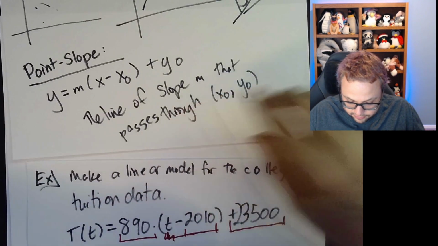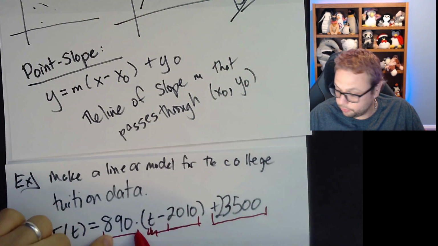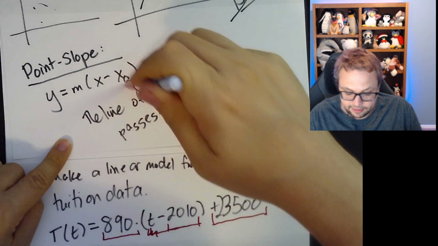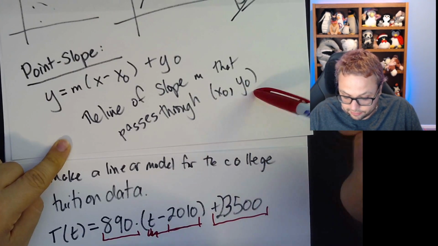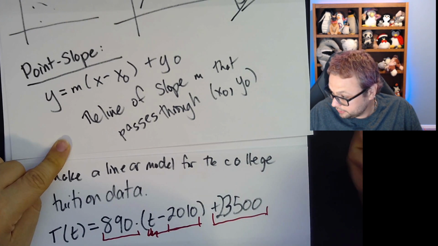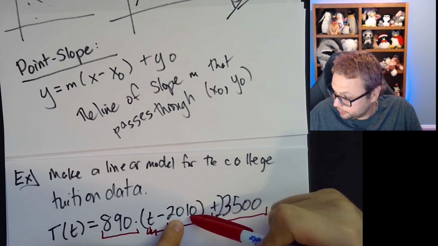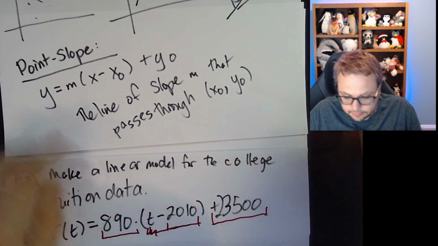Because remember, this is the line written in point-slope form. So that's the slope. We'll talk about that in a second. And then we're talking about this line passing through x0, y0. So this line is passing through 2010, 23,500. And so the 2010 here is an input. It's the year.